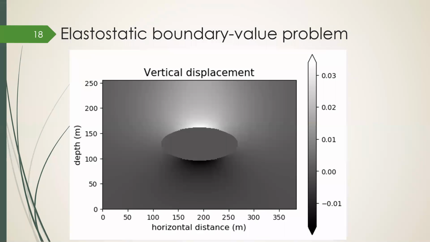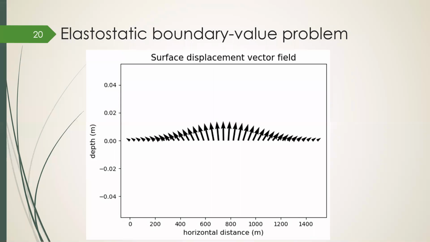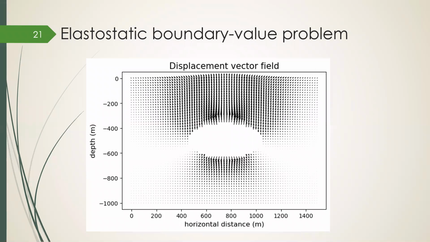And here's what we get in terms of vertical displacement. It's kind of similar to what we had with the circular one, but again, let's take a close look at the displacement vector field.